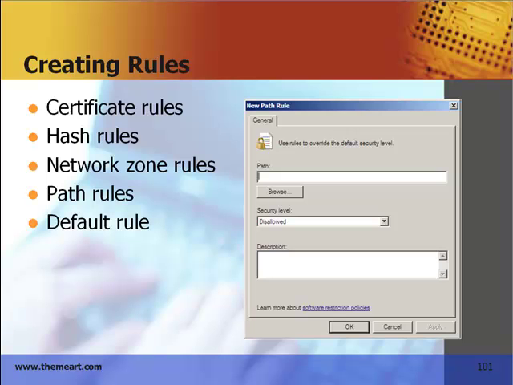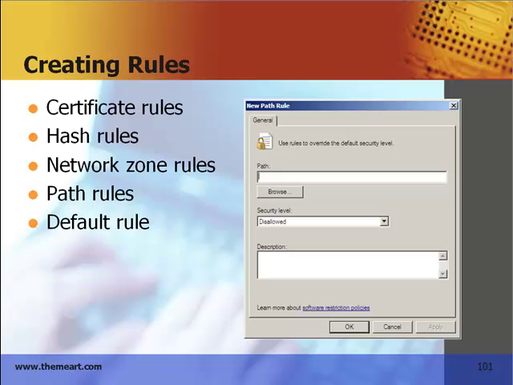The reason I said to save hash for later is because with the path rule, if you say, hey, you can't run sol.exe, Solitaire, but the user's smart enough to rename it or to move it to a different location, then they could run it. With the hash rule, an MD5 hash is run of the file's contents, so if they attempt to run it, the hash rule would still stop them, whereas the path rule would not have.